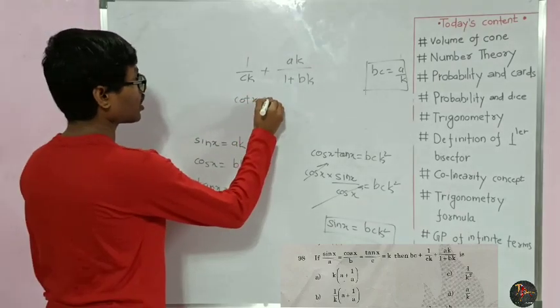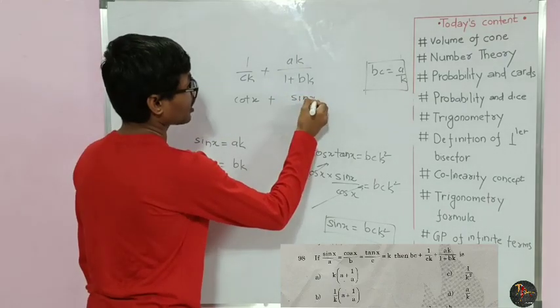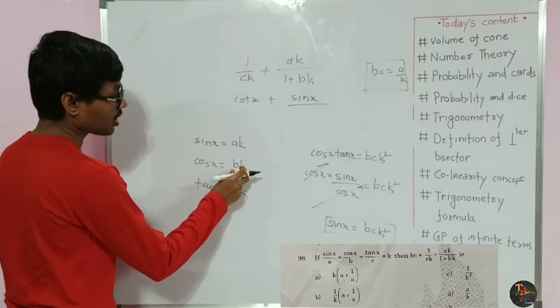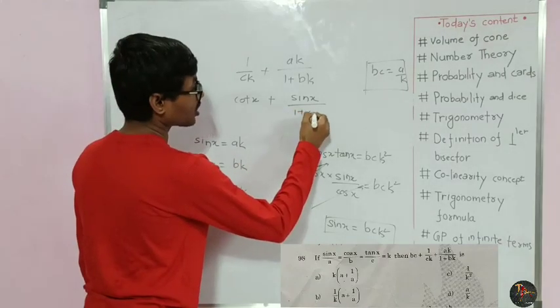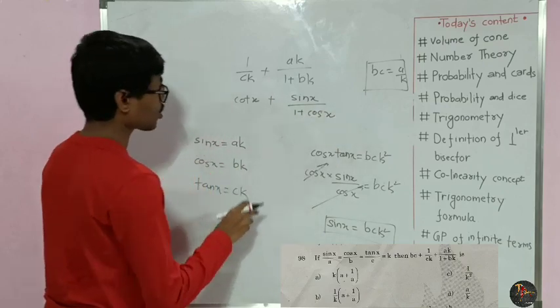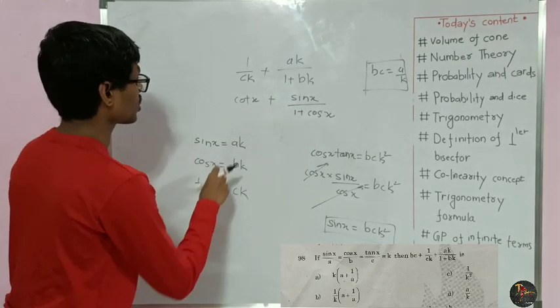So ak is nothing but sin x. 1 plus bk, bk is cos x. We have to find cot x plus sin x divided by 1 plus cos x.